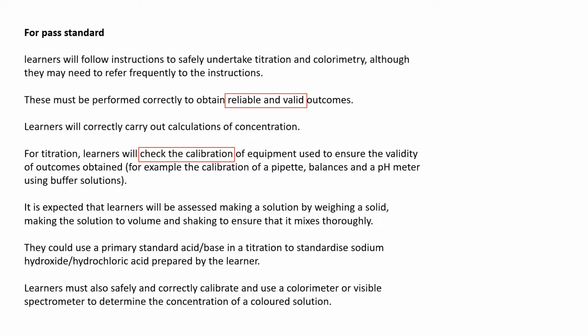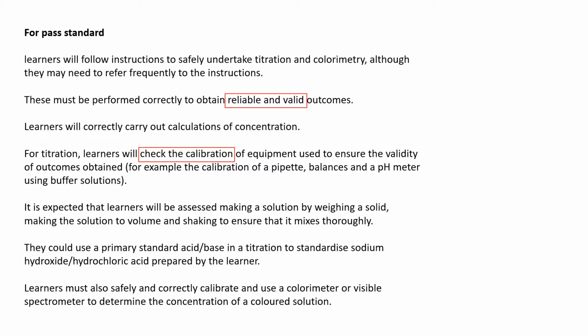Okay, a little look at a few things which may not be obvious. These must be performed correctly to obtain reliable and valid outcomes. Reliable and valid basically means you've done it several times and you're getting the same results every time. When you do a titration, there's this thing about getting concordant results.